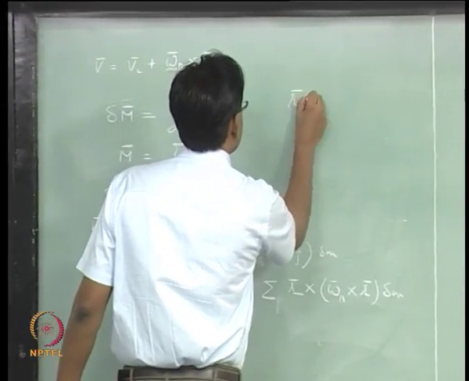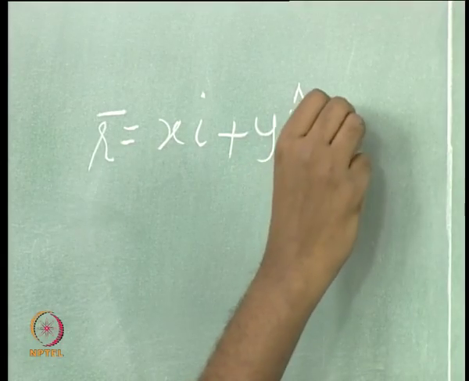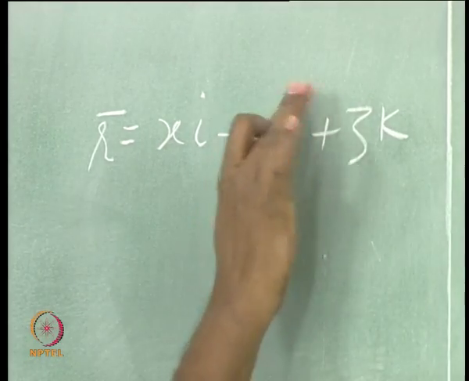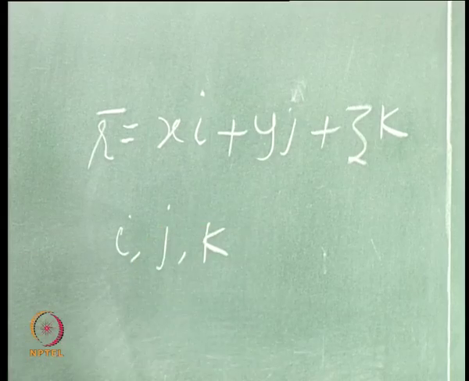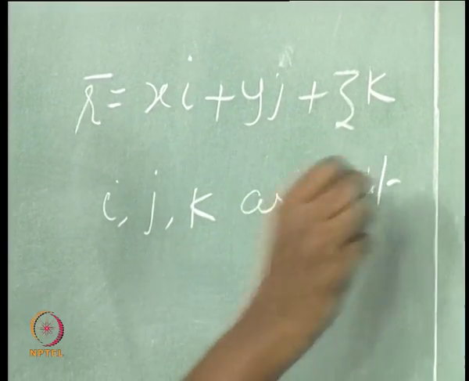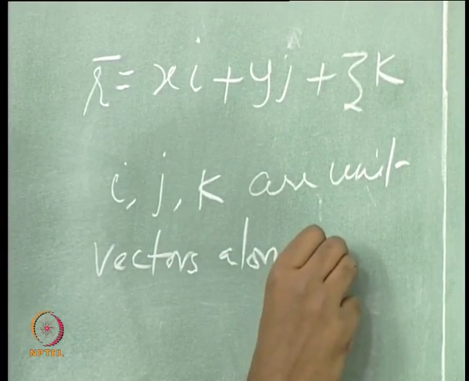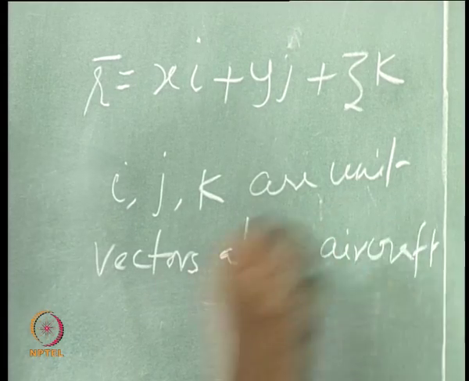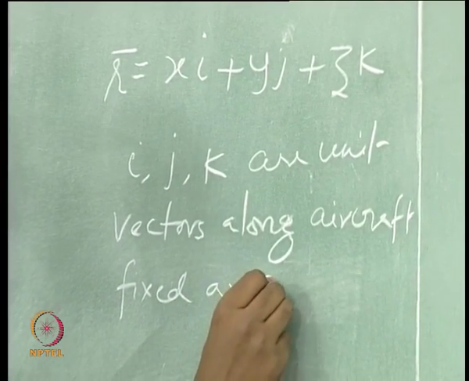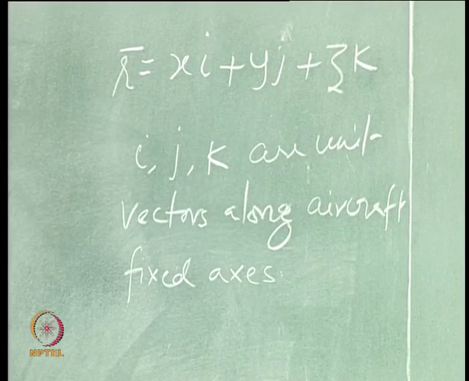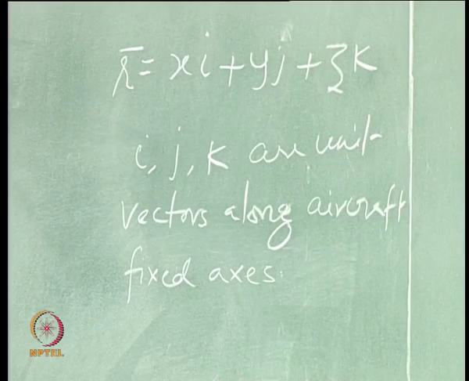So, r is x i plus y j plus z k, and i, j, k are unit vectors. Let us see what we get when we expand this.